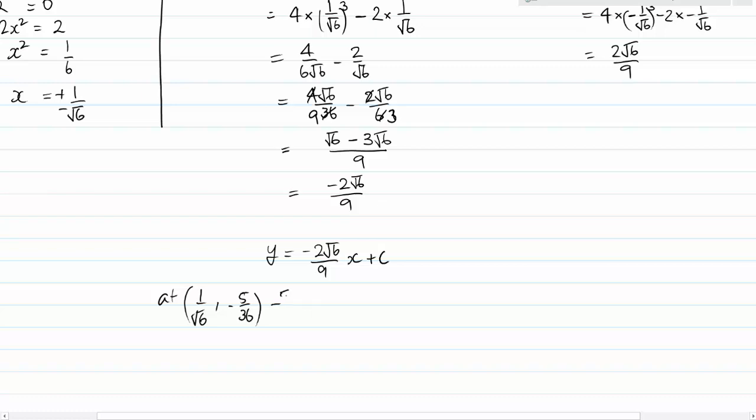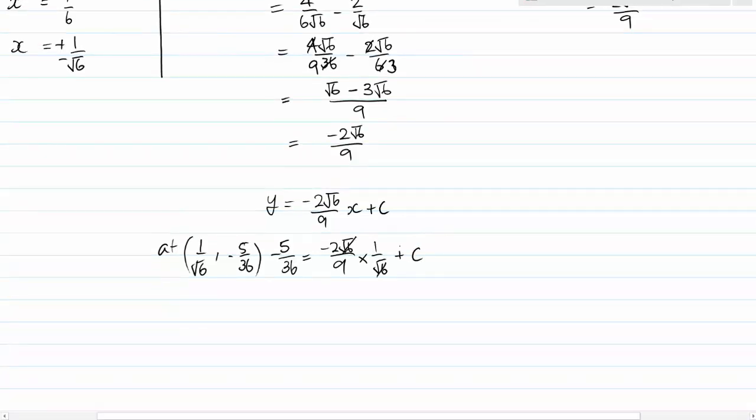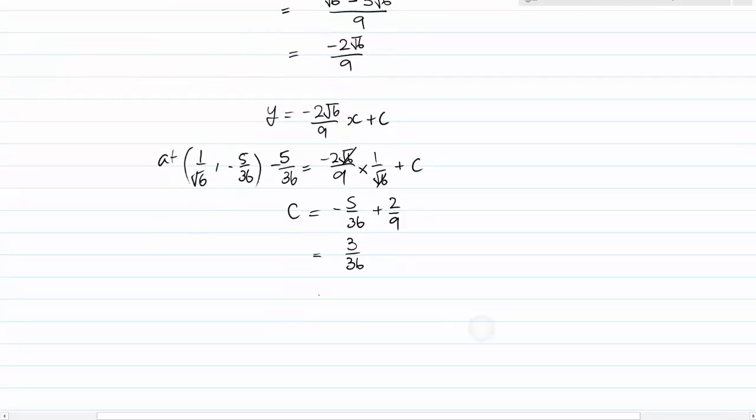That gives me negative 5 over 36 is equal to negative 2 root 6 over 9 times 1 over root 6 plus c, and that's quite nice because those 1 over root 6's cancel. So then c is equal to negative 5 over 36 plus 2 over 9, which is equal to 3 over 36, which is equal to 1/12.